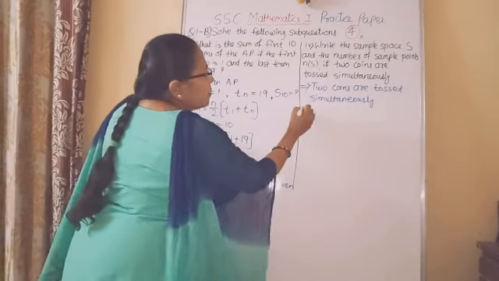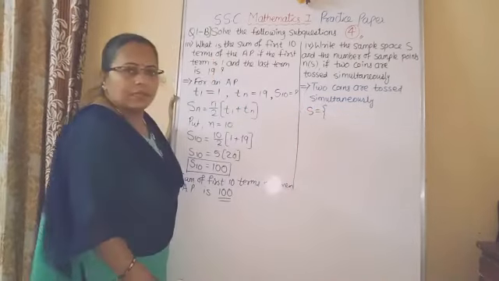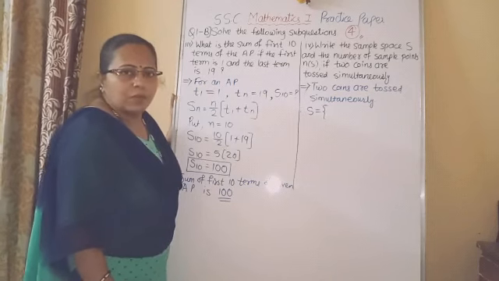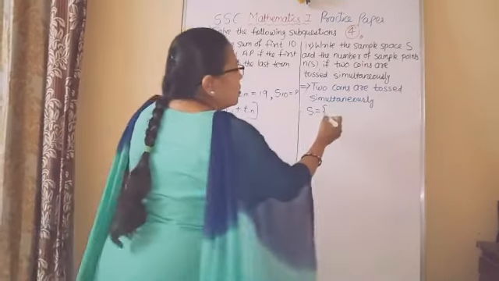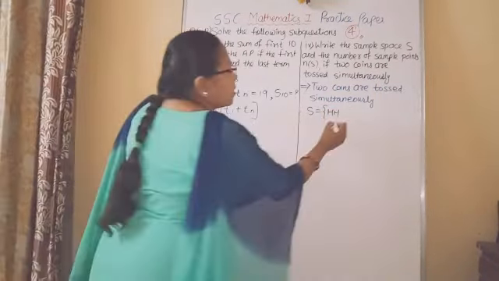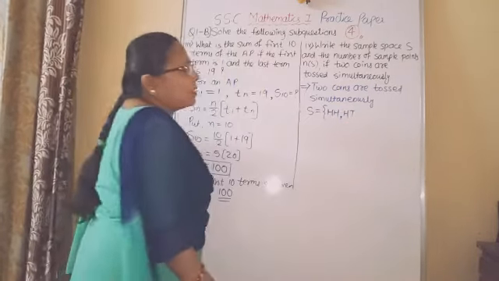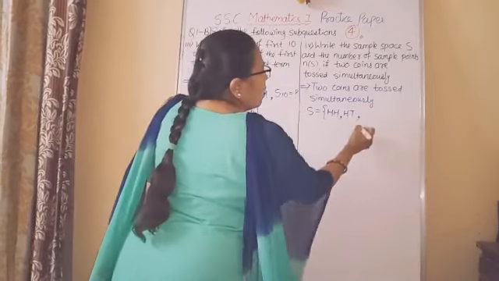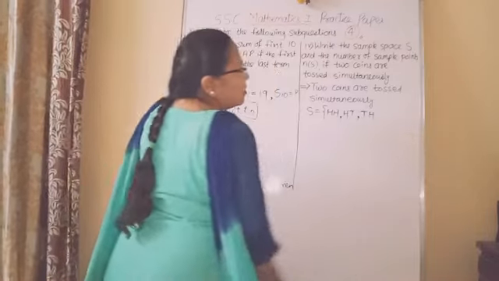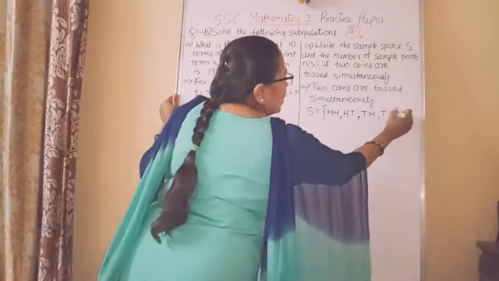So therefore sample space S is equal to curly bracket. This is set method. So sample space for 2 coins tossed: either on both the coins you will get head, HH, or on first coin H and second coin tail, HT, or on first coin tail and second coin head, TH, or on both the coins you will get tail.